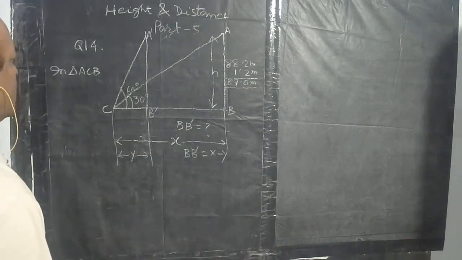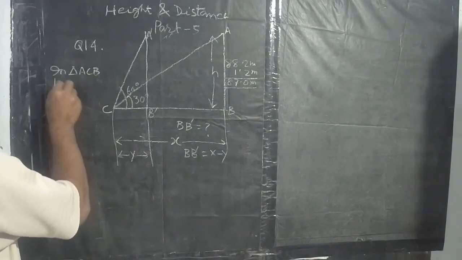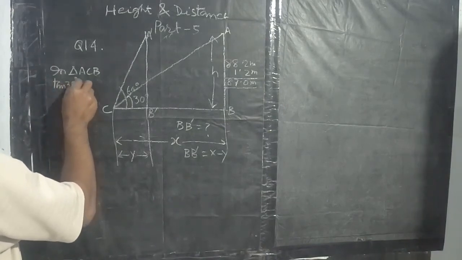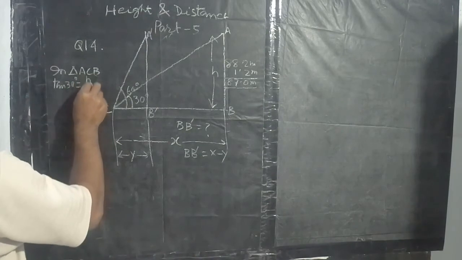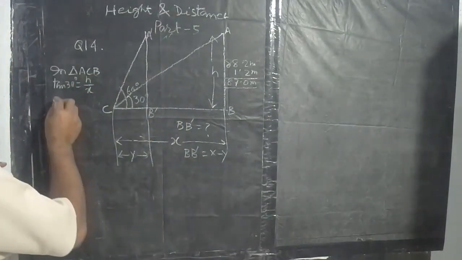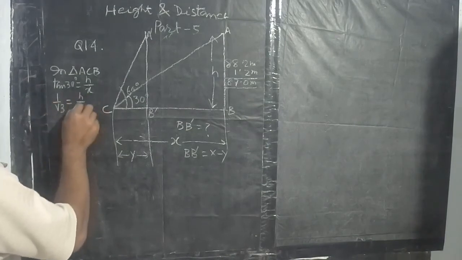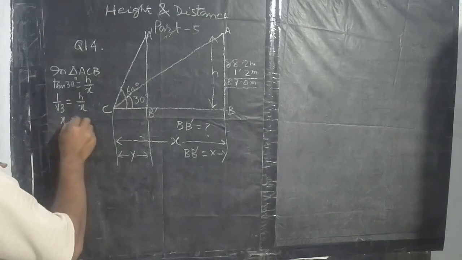In ACB, tan 30 degree equals h upon x. So tan 30 degree is 1 upon root 3, equal to h upon x. So x equals h root 3.